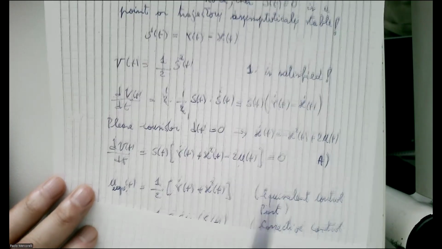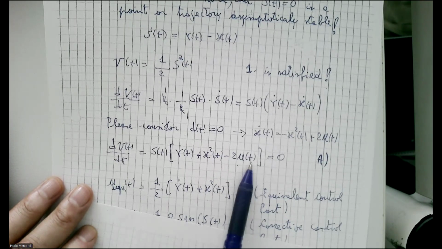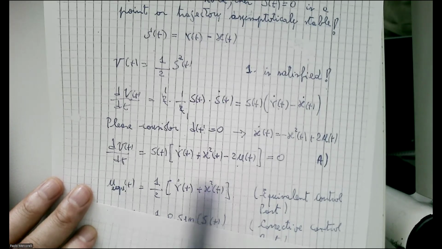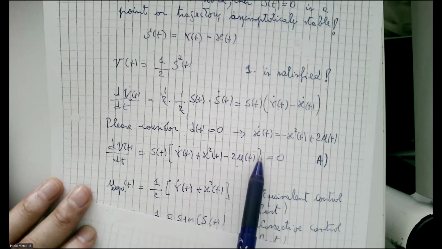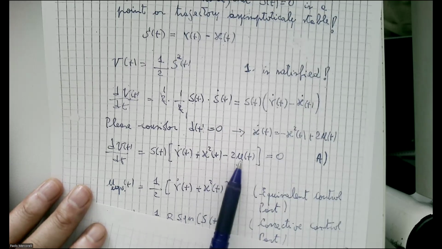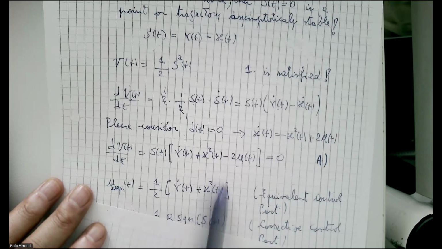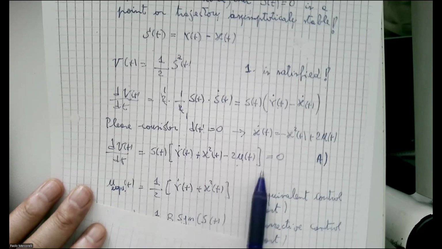First of all, we obtain 0 if u of t equals u equivalent, equal to this one. Basically, putting this part equal to 0. This means I will obtain the value of u of t, which I call u equivalent, which is this one. Look, if I put this here, I have 0 inside.